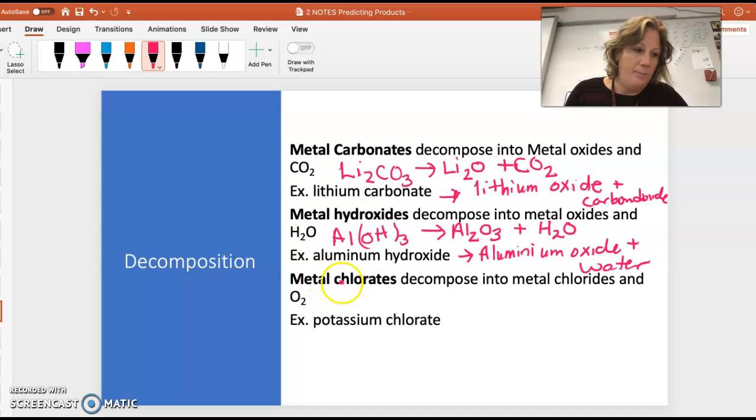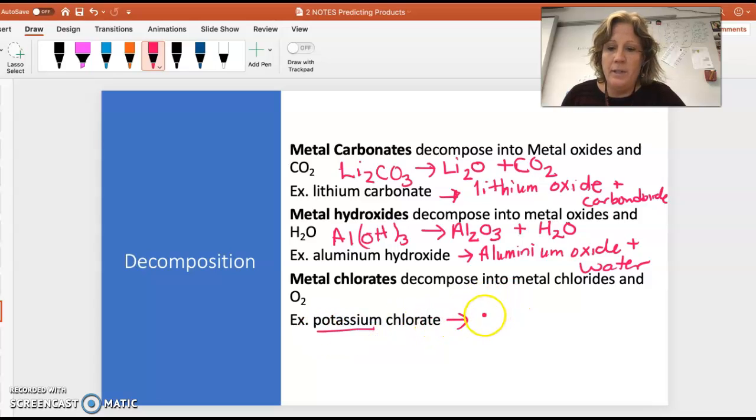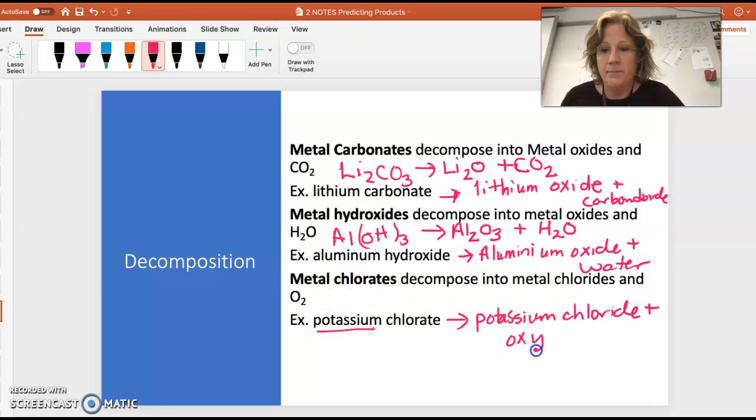One last decomp, and then I'm going to pause the video, and then I have a little bit more decomposition, single replacement, double replacement, and combustion. So this is metal chlorate. In this case, it's the metal's potassium chlorate. They will decompose into a metal chloride, so that would be potassium chloride, and oxygen.